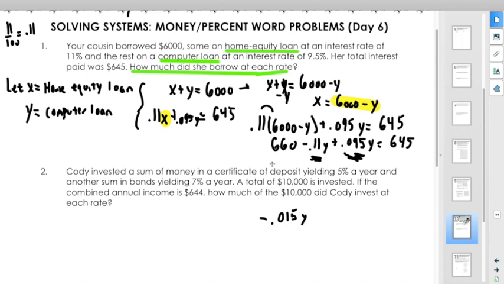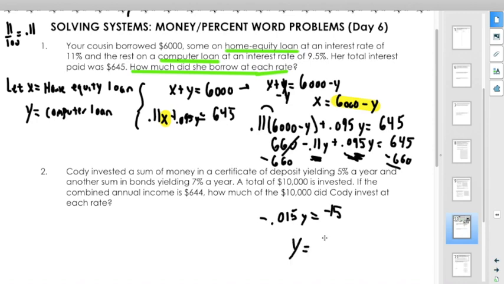And you know what? Why don't we move this 660 over while we're at it? So I'll subtract it from this side, it'll cancel out, and I'll subtract it from this side. Now what does that equal? It should equal negative 15. Right? Divide by negative 0.015 on both sides.